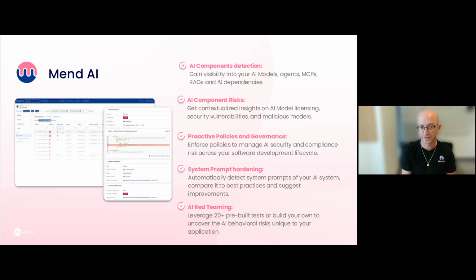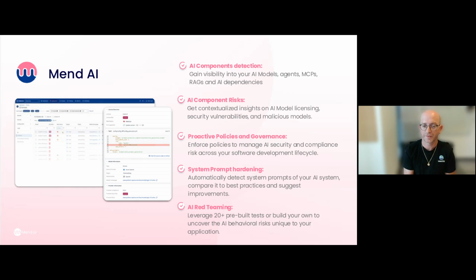So we start with the AI components detection. By scanning your code, the repository, very similar to what's done with application security, we have the tools to detect the usage of the various AI models, agents, MCPs, and RAGs inside your application, and indicate exactly what applications and projects use what type of AI component.